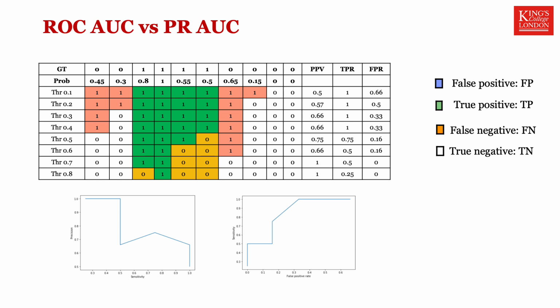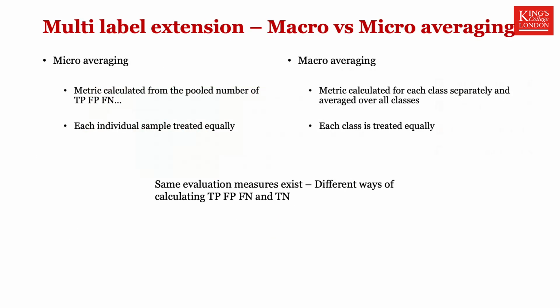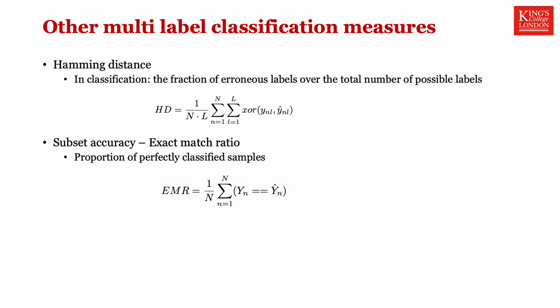So that's for binary classification. But sometimes you have multiple labels, and so you need to know how you will model your different things. Usually the same evaluation measures exist.